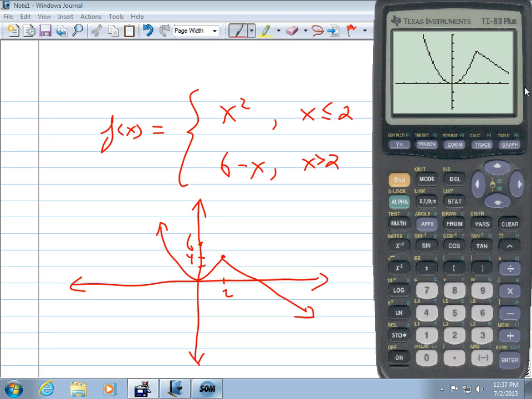The problem with, see, I like Zoom 4 because it's a square window. What's a square window? The aspect ratio is correct. A slope of 1 looks like a slope of 1. A circle looks like a circle. If you don't have the correct aspect ratio, if you have just some randomly chosen x min, x max, y min, y max without thinking about what you're doing, you might get a circle looking like it's squashed.